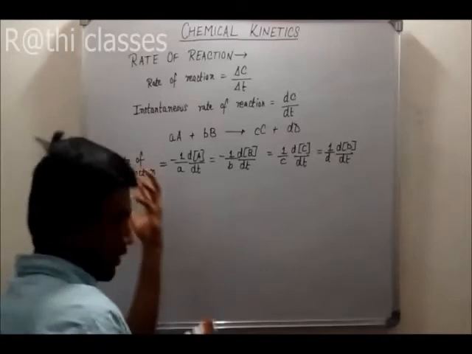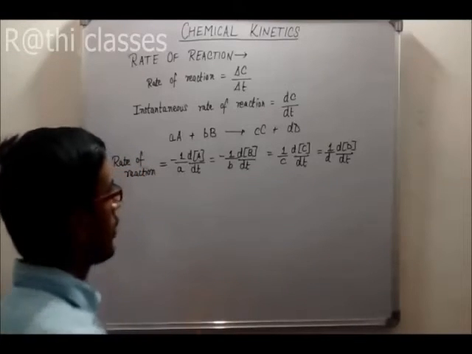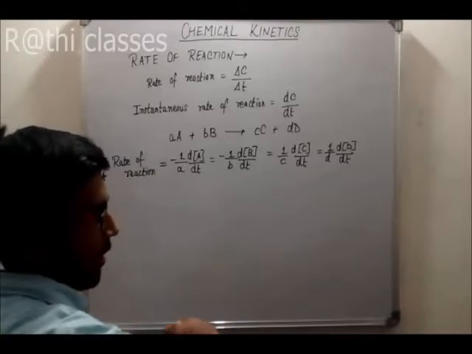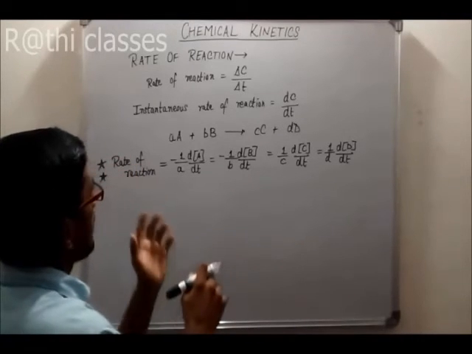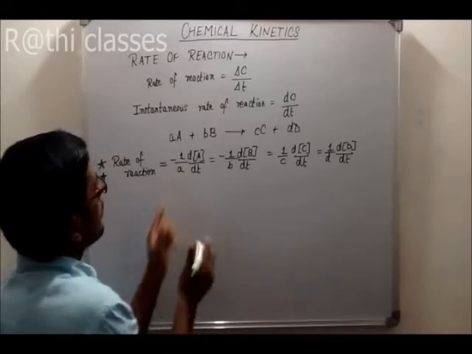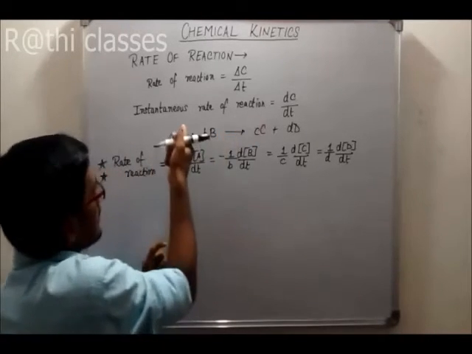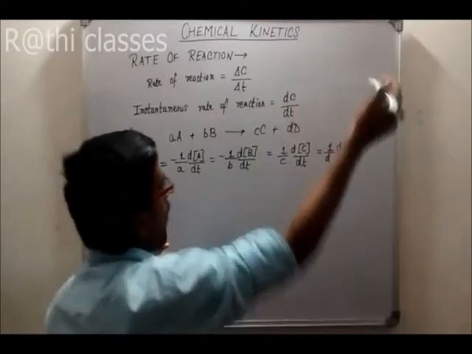For the rate of reaction, we only need to know the modulus of the rate of the reaction. We don't need to know whether something is reducing or something is being produced, so we don't need the sign of the rate of the reaction. As time passes, the reactants A and B decrease and the products C and D are formed.